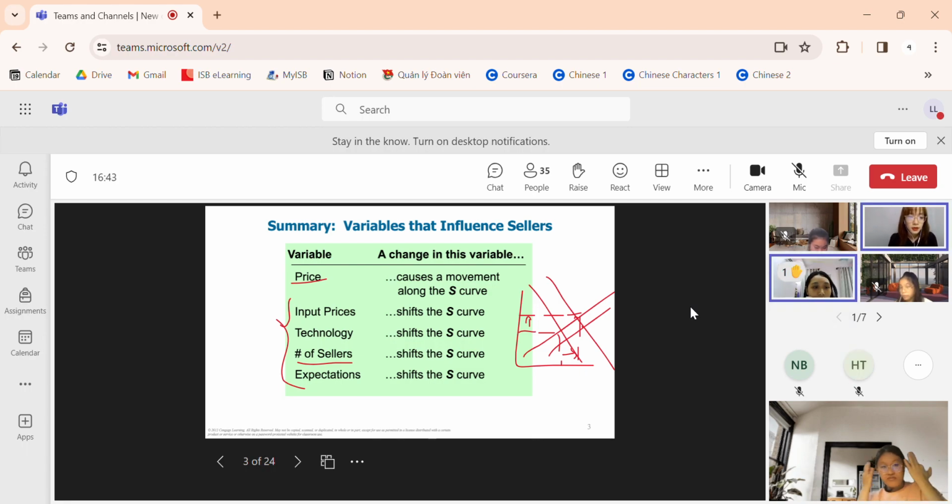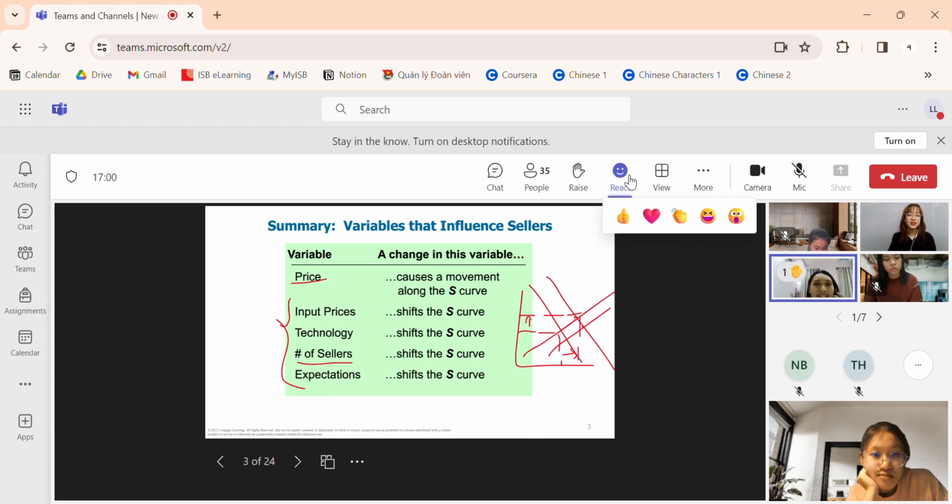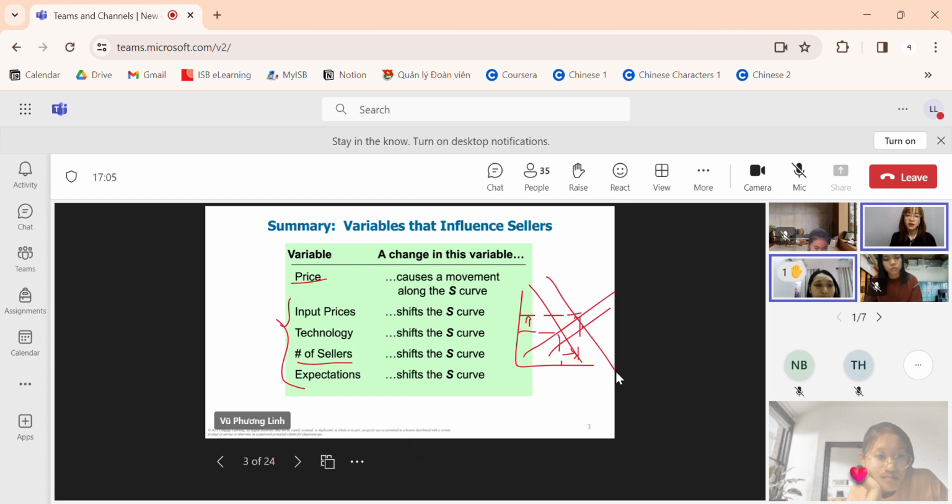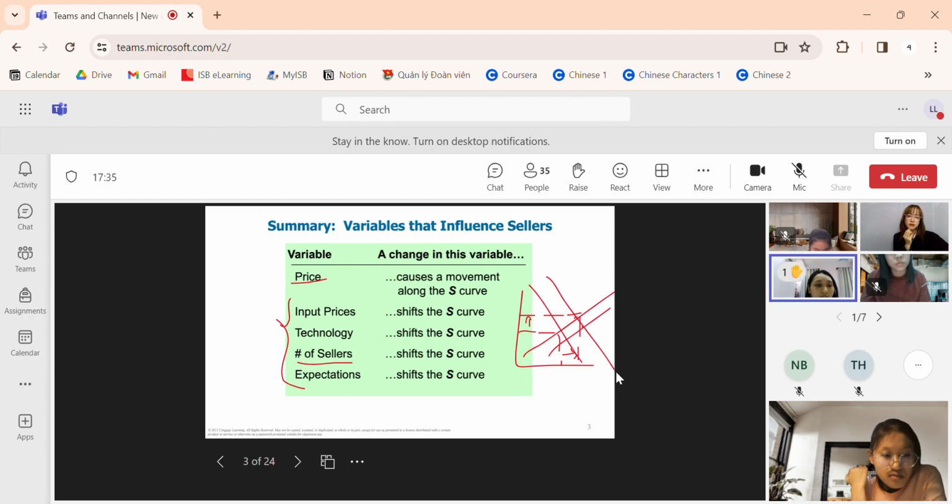If a storm makes it difficult for the farmers to collect sugarcane to make sugar, the suppliers like the boba store or the milk tea store can reduce their supply to the market, because the price of input is high, as farmers cannot collect much sugarcane for making sugar. Okay, very good example.